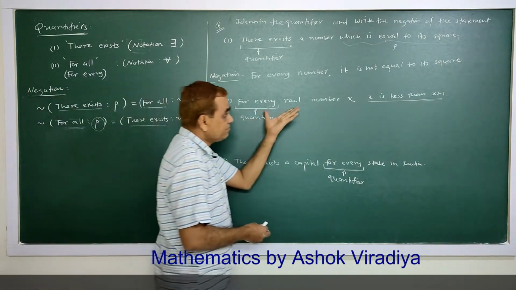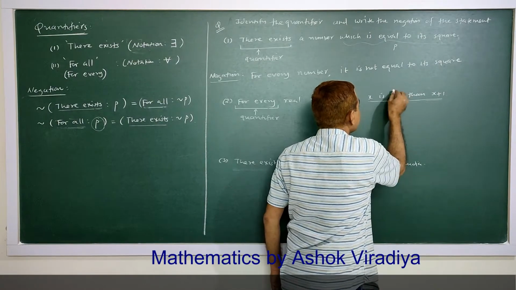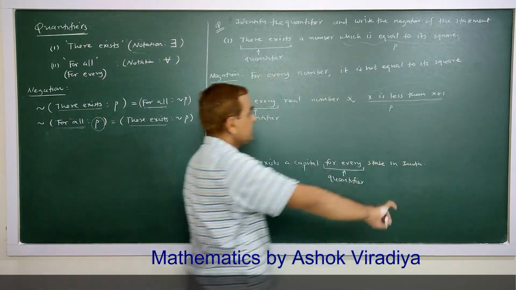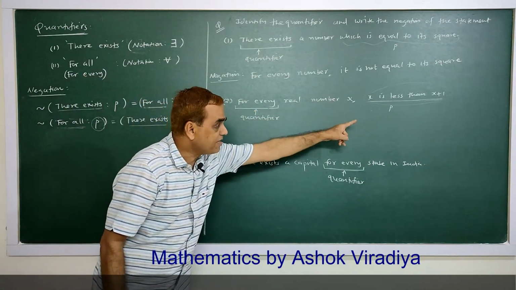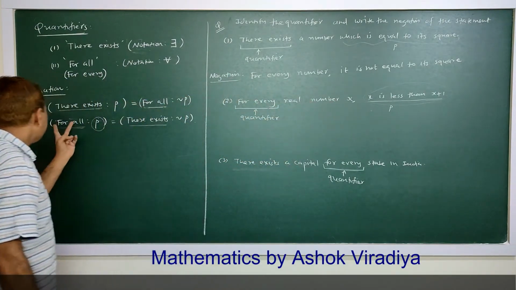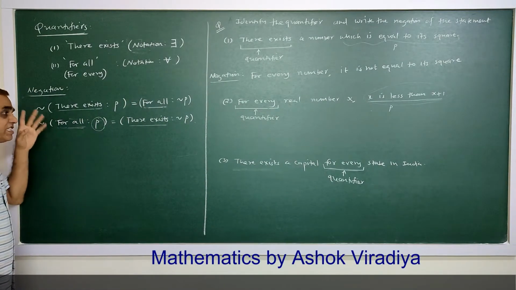For every real number x, x is less than x plus 1. So consider this as P. For every real number x having property P. Now I am putting its negation.